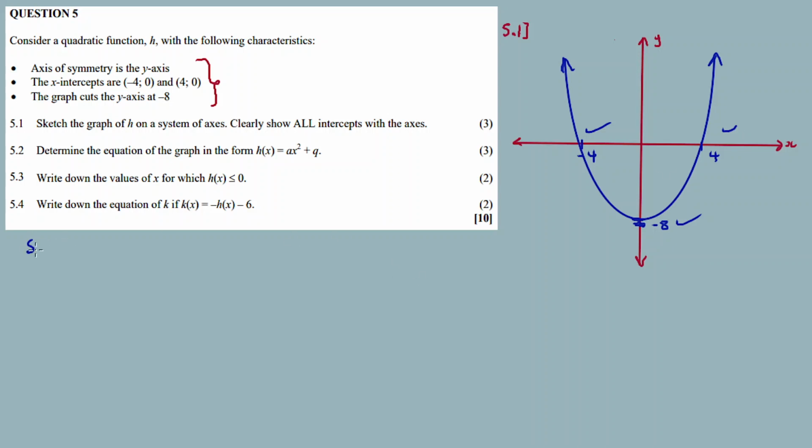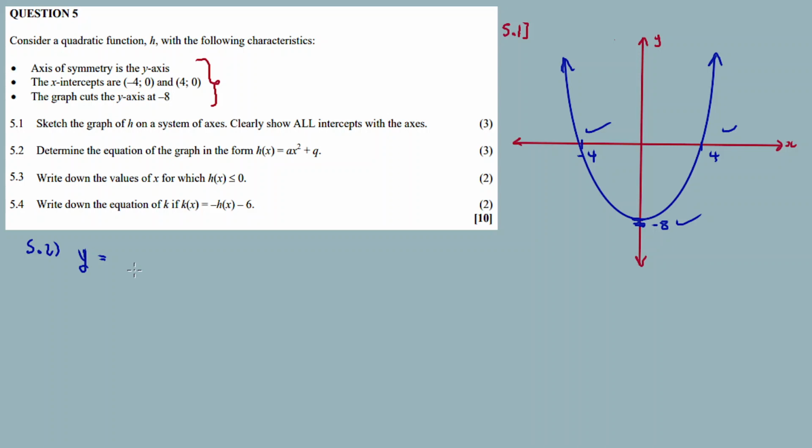5.2. Here they say determine the equation of the graph in the form y is equal to ax squared plus q. Now we want the equation of the function.